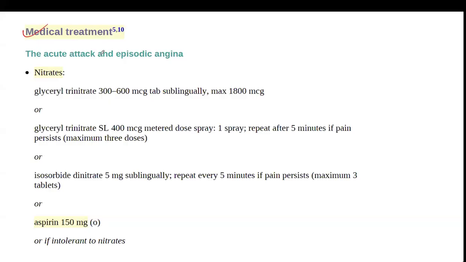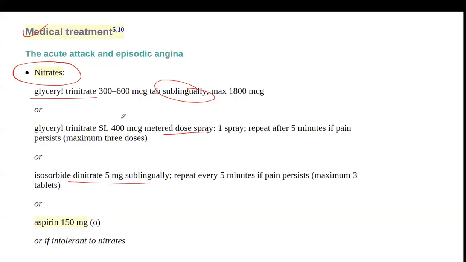Medical treatment. Before they get all these tests, you need to put them on some medication to help with this pain. The most common medication that we use in stable angina is nitrate. It can be given as a spray, as a sublingual tablet, or as isosorbide dinitrate.